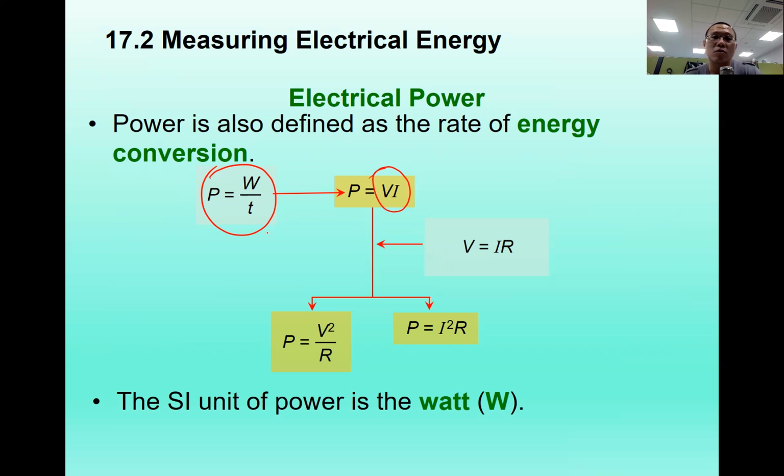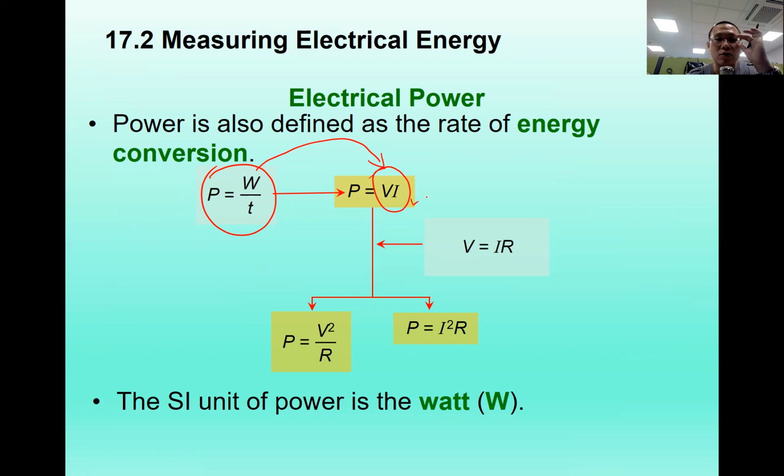For electricity, it's also the same thing, but because in electricity we generally talk about voltage and current, we regroup the formula for power to relate current and potential difference. So that's why we have the secondary formula appearing.